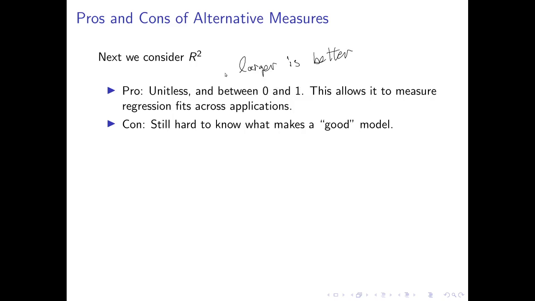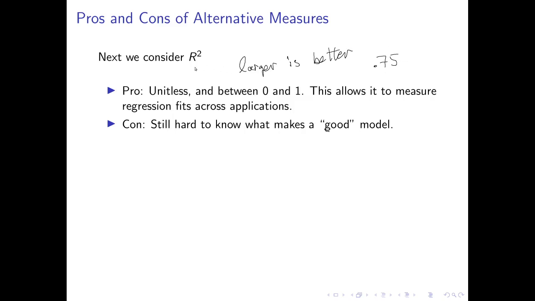So it's not a loss function the way that root mean squared error and mean absolute deviation are, where smaller is better. With r squared, larger is better. But still, how large is good? If I come to you and say, here I have an r squared which is 0.75, are you going to say, great, that's a great model, or will you say, well, I expected better than that?